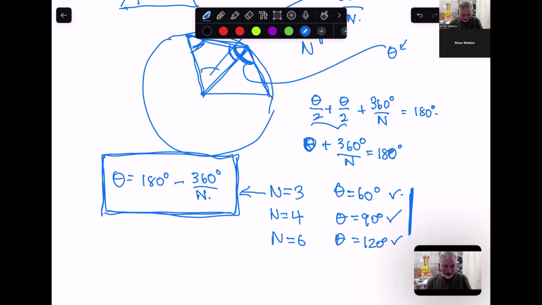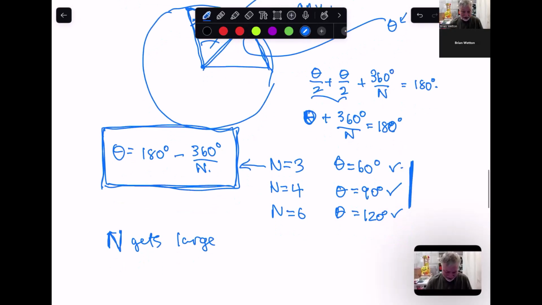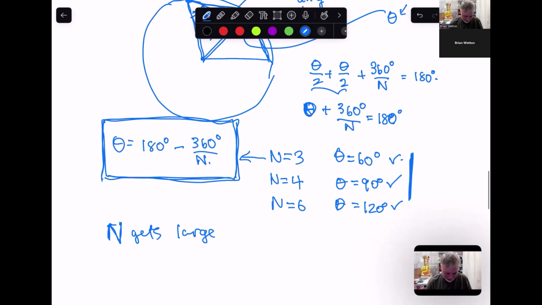There's another thing that I wanted to point out, and that is we can look at the limit as n gets large. If n gets really large, then I'm looking at interior angles that are getting closer and closer to 180 degrees, because I'm subtracting something that's smaller and smaller as n is getting bigger and bigger.